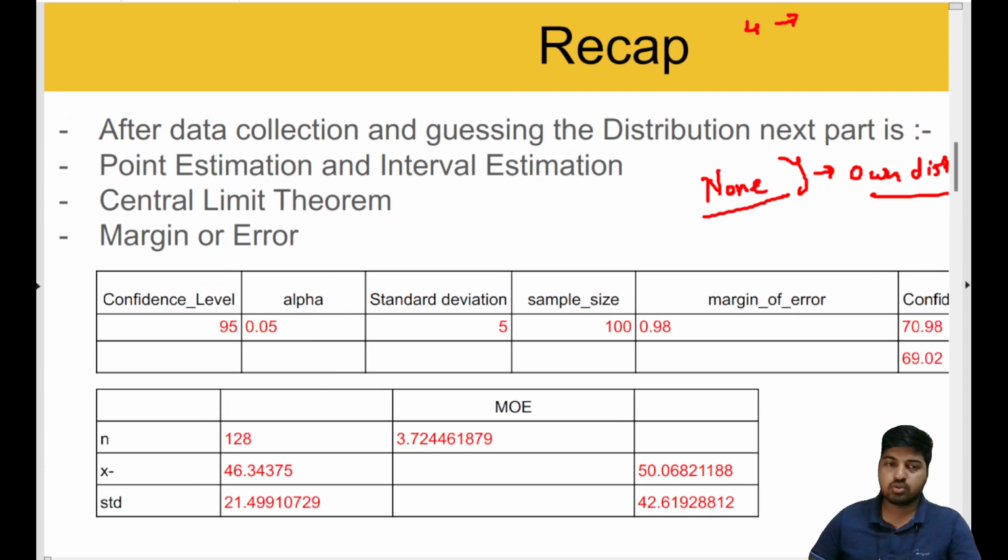We are not going to do that. Those who are interested can study how to build their own distribution. Normally, you need not do that in 99% of studies. Only 1% of studies, with very complex experiments involving many parameters, will need that.